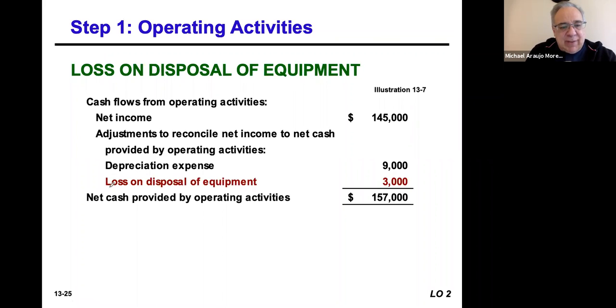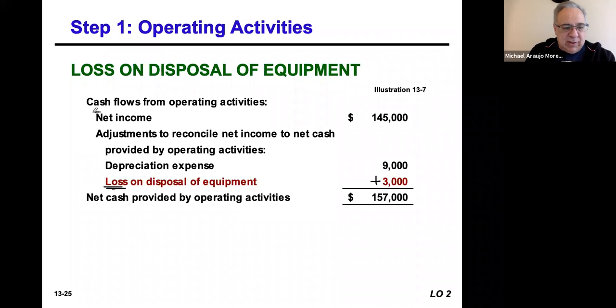So anything that we have to do is reversed. If we had a loss, we subtracted it on the original income statement. We're adding it back on the cash flow statement. If it's a gain, we added it to the income statement when we did it. So we're going to subtract it out of the cash flow statement. So it's simply reversing any gains and losses from the original income statement.